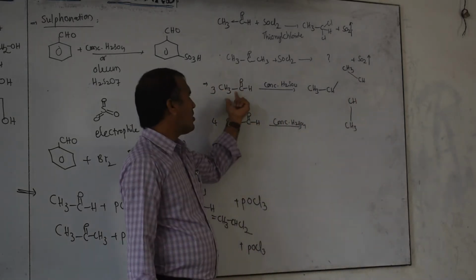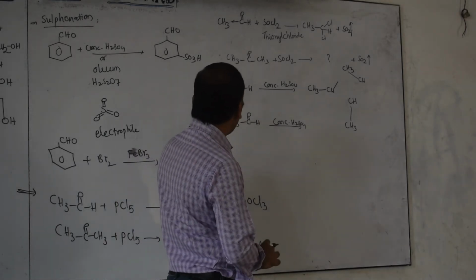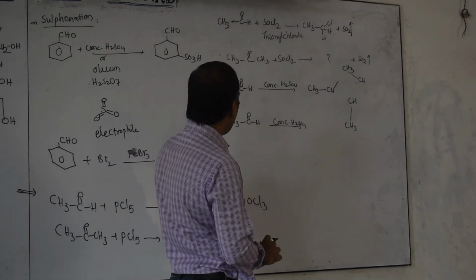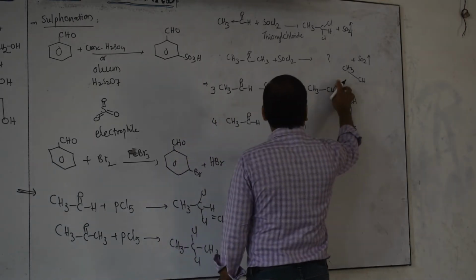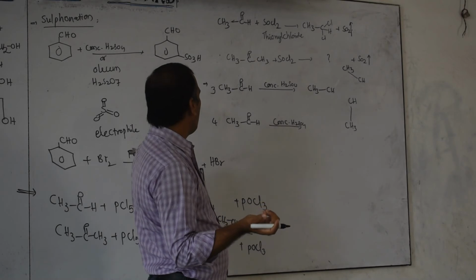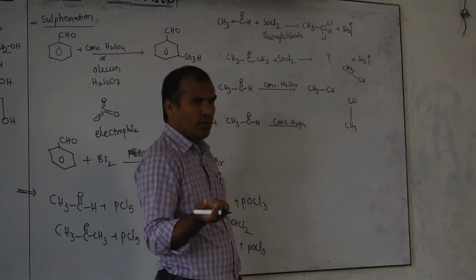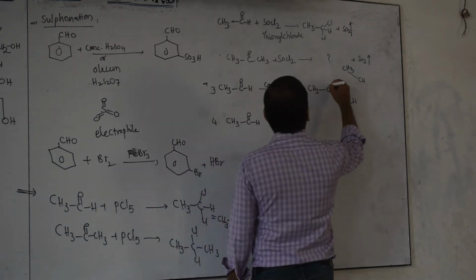How many molecules are there? 3 molecules are there. Then it undergoes cyclization. Here generally when H2SO4 is used, it removes the water molecule. Total how many oxygens will we get? 3 oxygens. But here it undergoes cyclization.